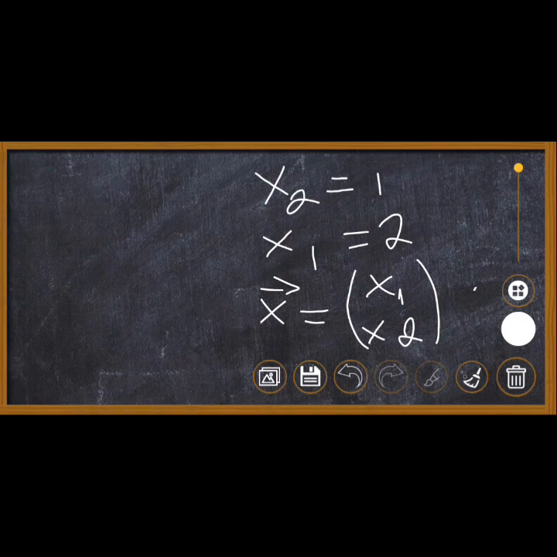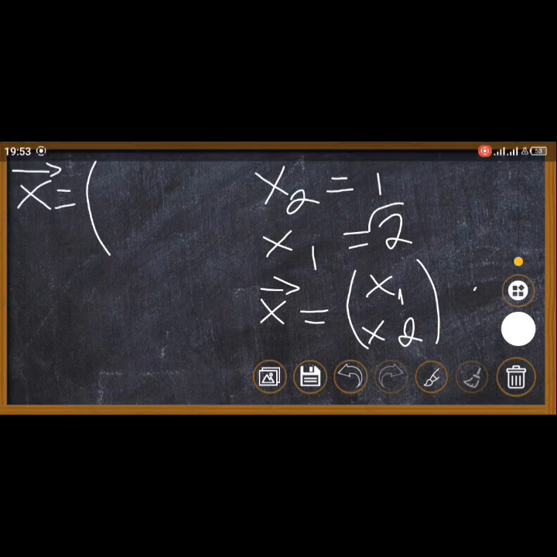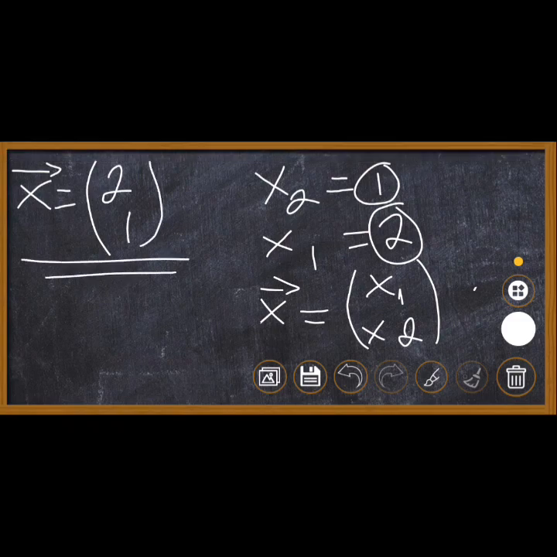So where there is x1, there is 2, and where there is x2, there is 1. So this is our eigenvector when pi is 3.